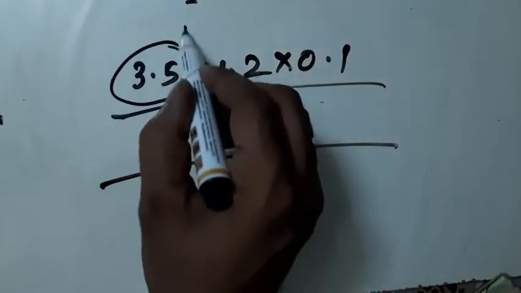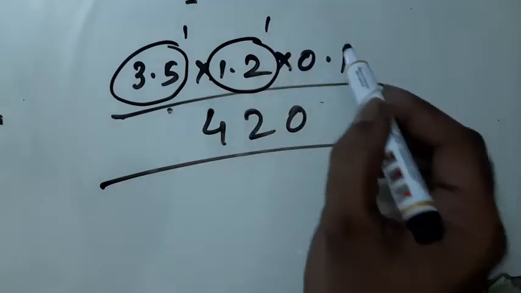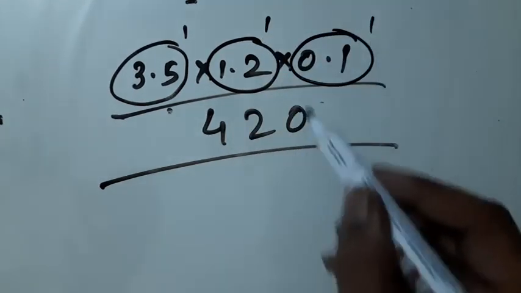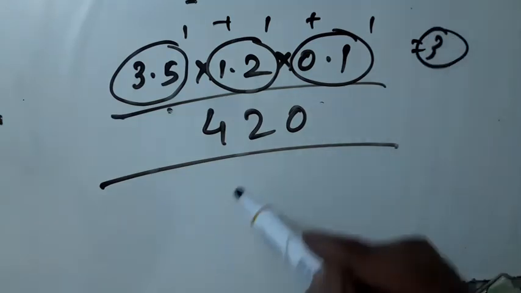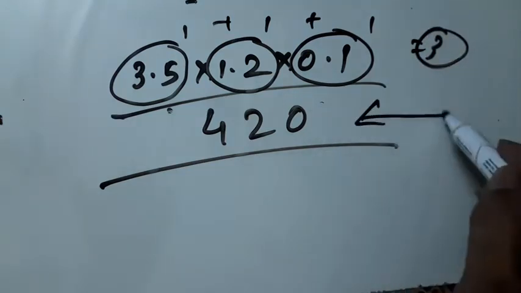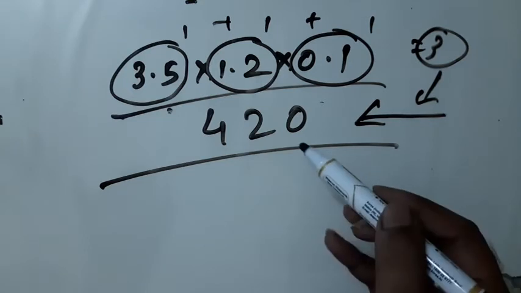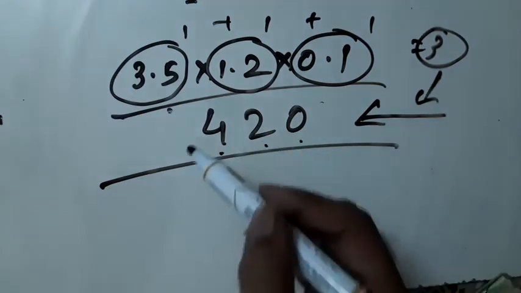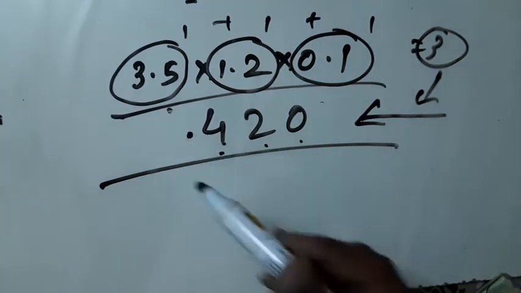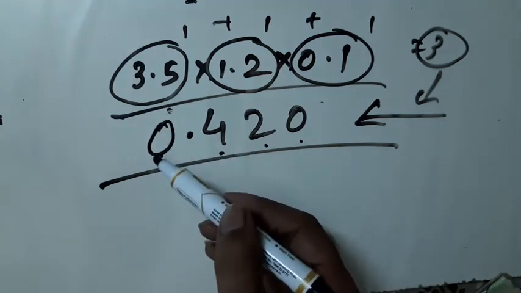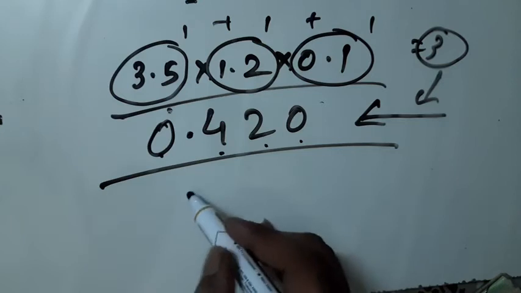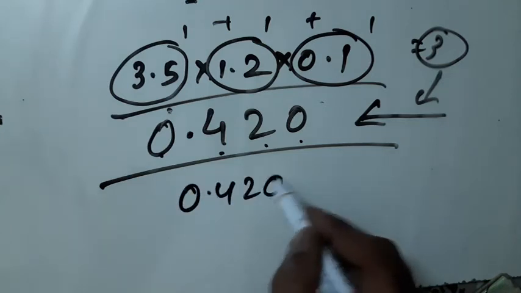Here we have 1, here we have 1, here also we have 1. So in total we have 3 places, and in the answer also we have to have 3 places. So 1, 2, 3. After 3 places we put a point and a 0. This 0 is for the whole number part because we don't have anything there. So that becomes 0.420.